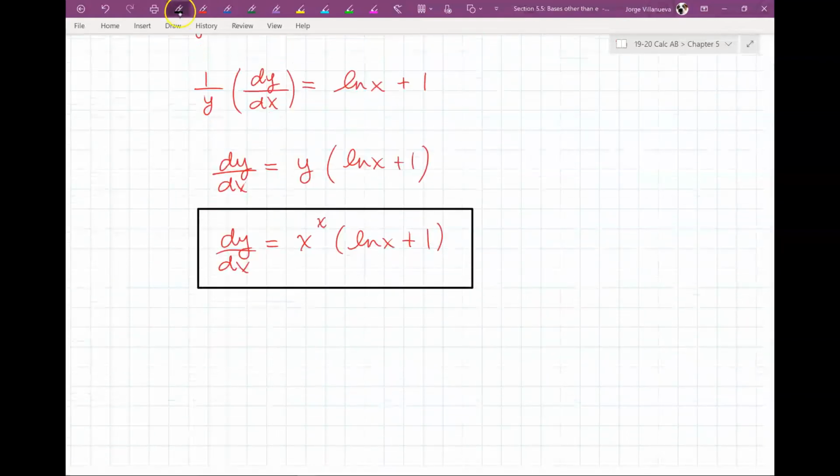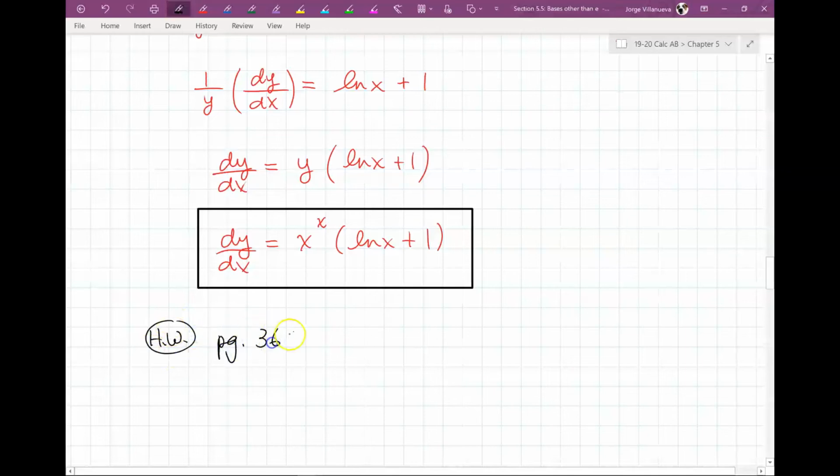All right, so here's your homework. Page 368, numbers 1 through 8. This is another one of those assignments where I kind of jump around, so I know it looks a lot worse than hopefully it really is, but I just don't want to make you do 80 problems.